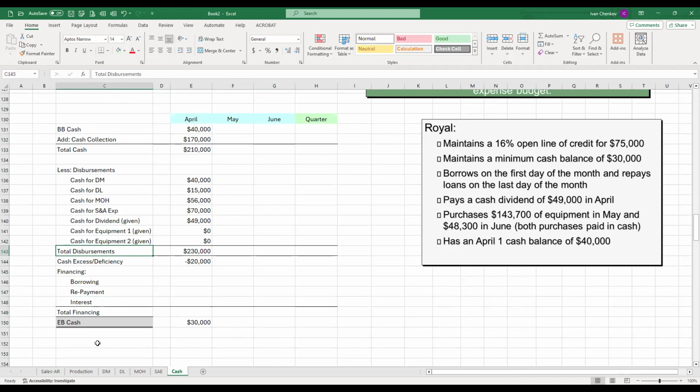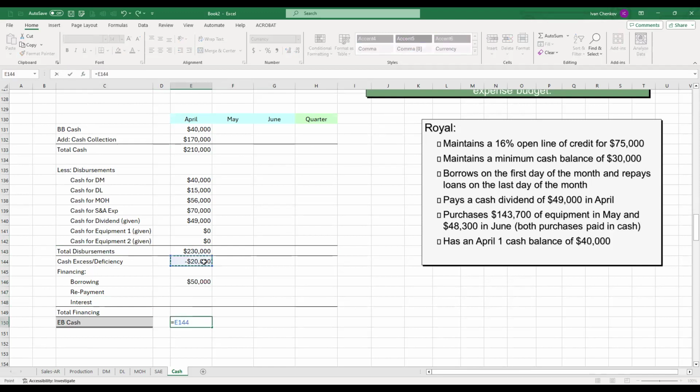Okay, thank you. I understand now. Once I get the $50,000 from the bank, then I'm gonna have minus 20 plus 50. I'm gonna have 30,000. The $30,000 is gonna be my beginning balance for May, correct? Yeah, because you had to borrow it in April.